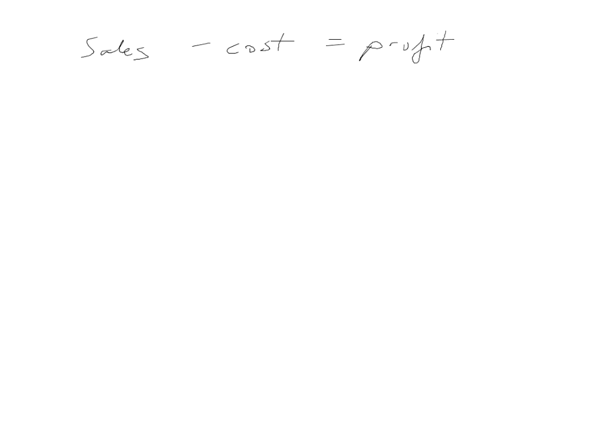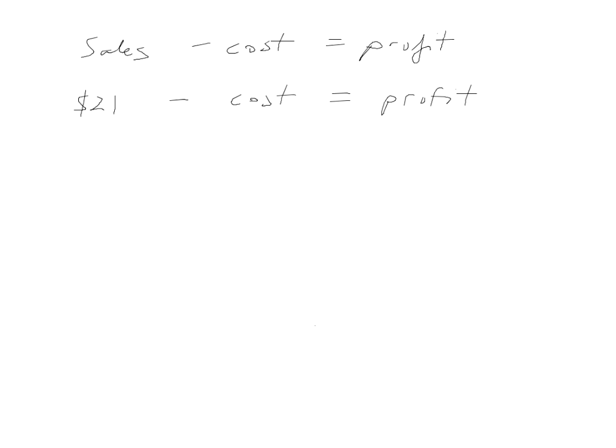It's pretty common sense. It tells us that our sales is $21. It doesn't tell us what our cost is, and it doesn't tell us what our profit is either. But it does tell us that our profit is 20% of cost.